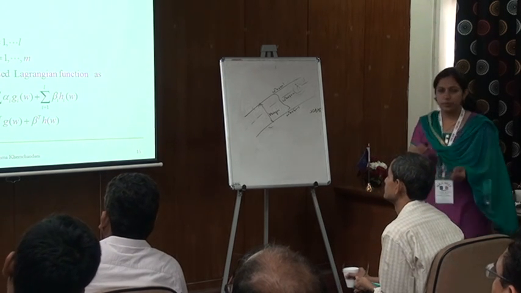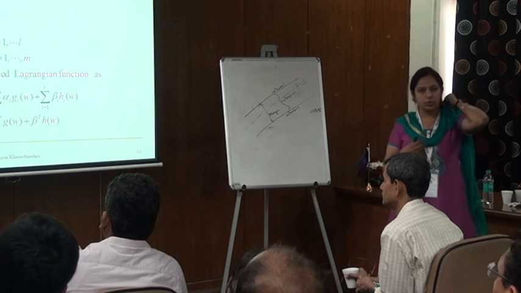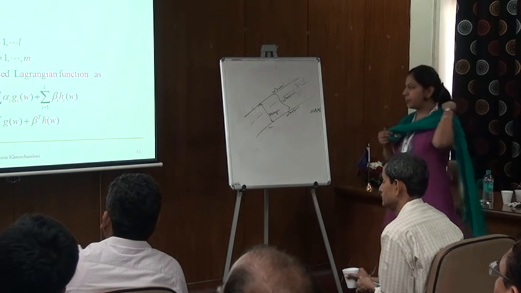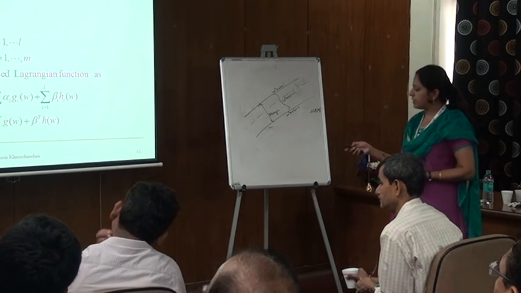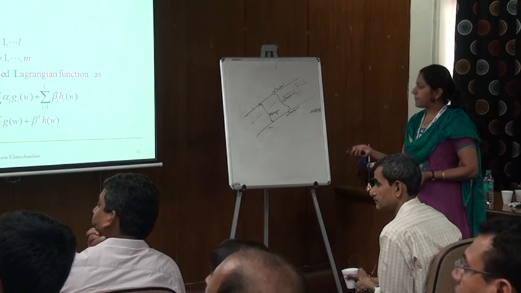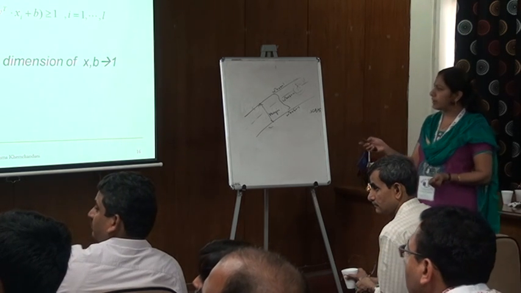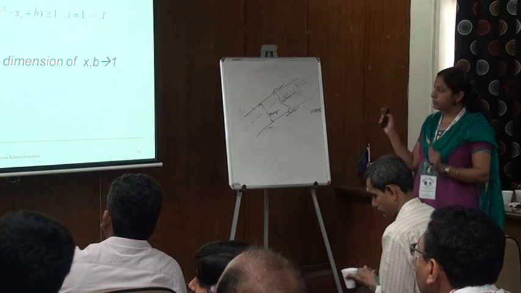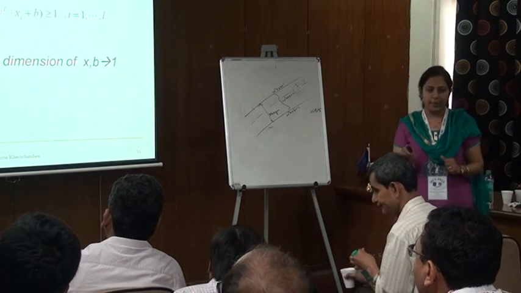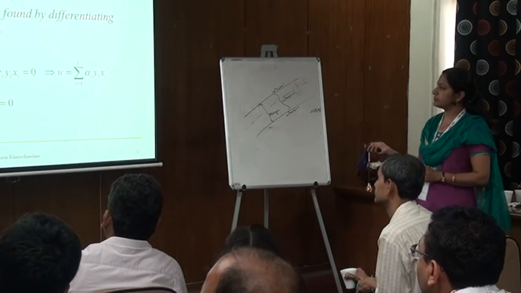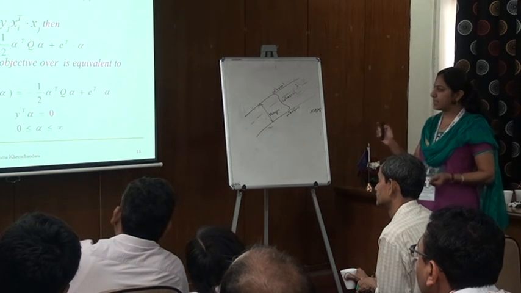If you are interested, you can go through all these details. But the point is that in this case we landed on again a convex optimization problem. All these are details, so let's skip that.